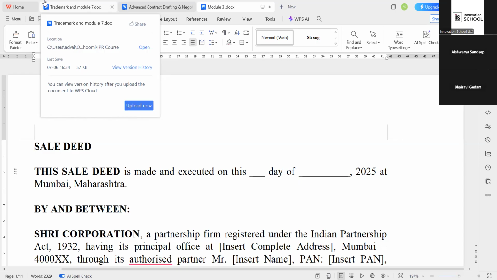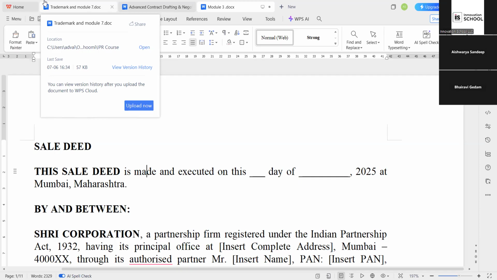So therefore, there is a stamp duty. You will get the amount of stamp duty to be paid for the said transaction in your state's stamp duty act. For example, in Maharashtra, we have the Maharashtra Stamp Duty Act, under which you will find the amount of stamp duty that I will have to pay.